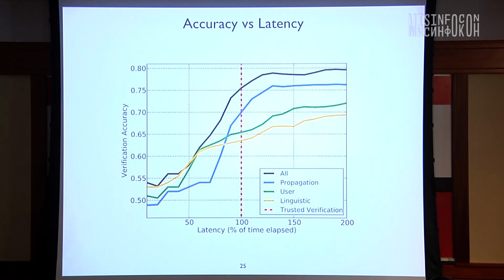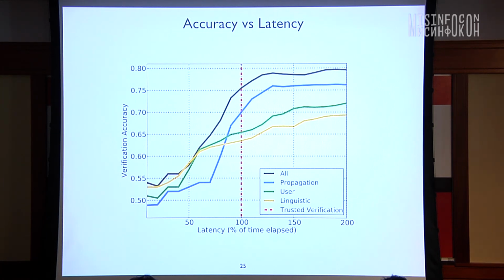It never reaches 100%, but at around the 75% mark, for example, you can see 70% accuracy. So depending on how urgent the matter is, you could decide to trust the system earlier on, or wait for more information to come in when the system is more sure. But overall, you get a pretty good idea of whether something is true or false before any trusted verification.